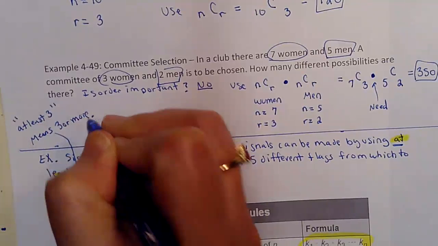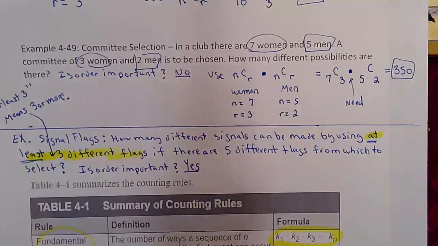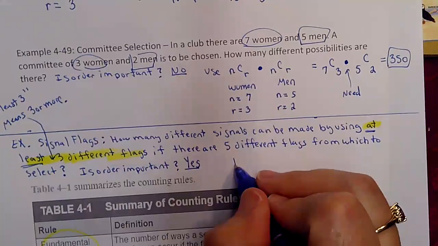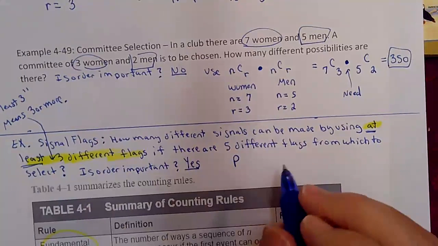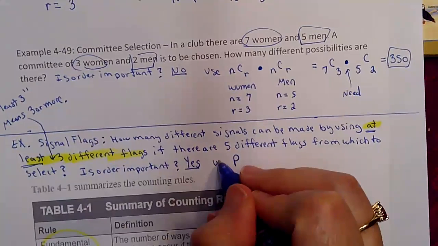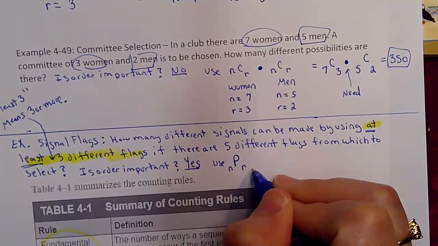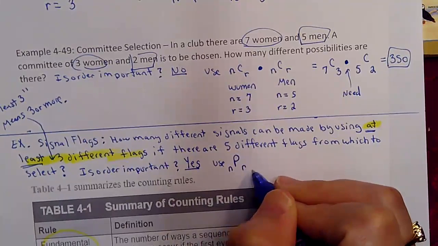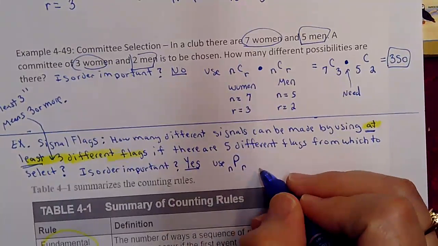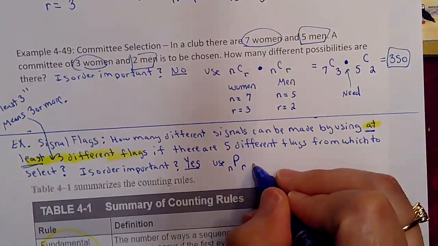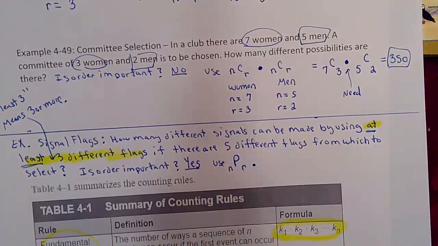And so that's why when I start this here, we're gonna use nPr, because we said order was important.